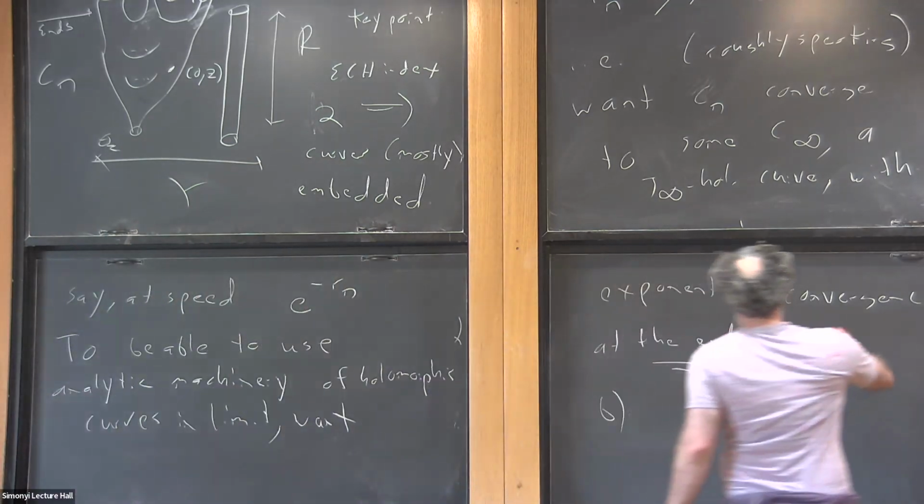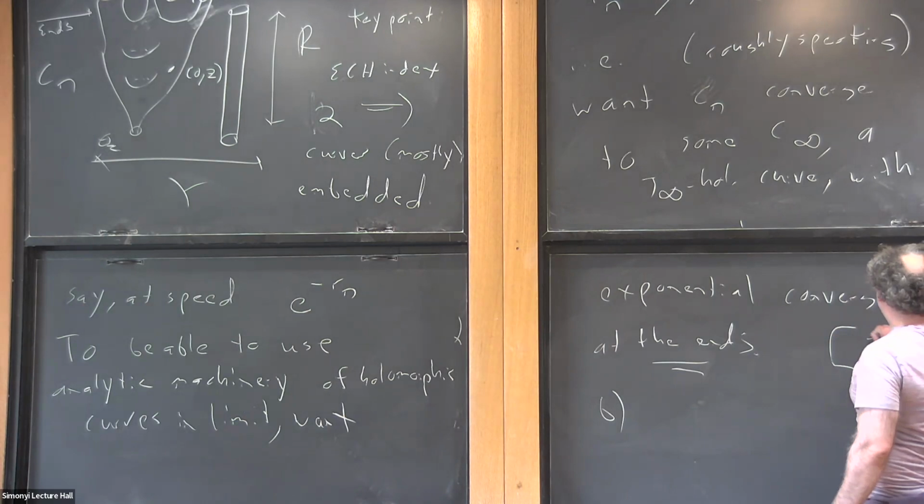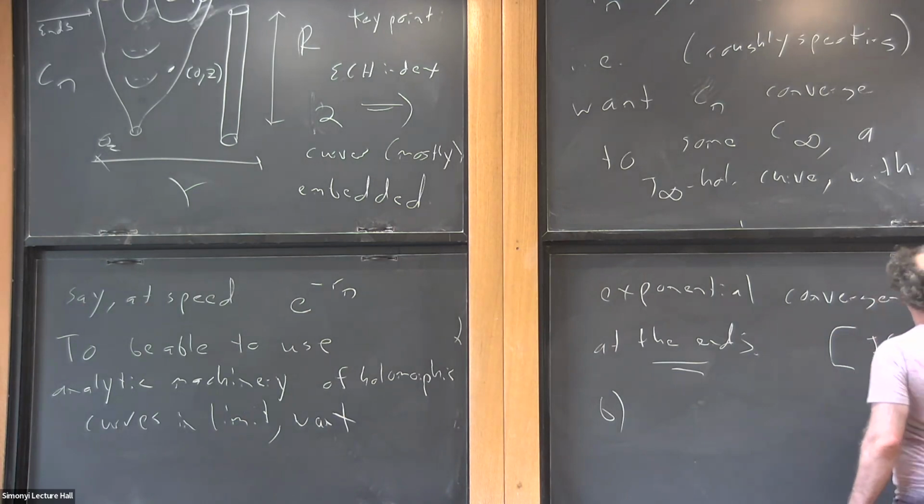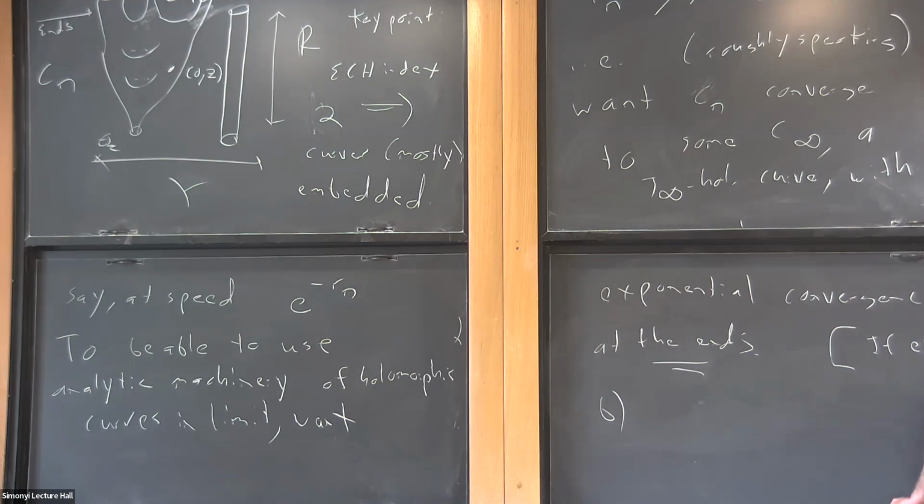So if you do have exponential convergence, you can use weighted Sobolev spaces.